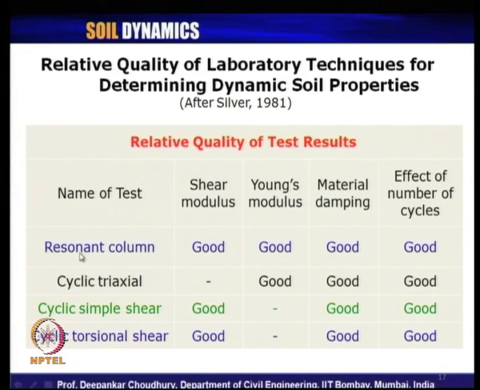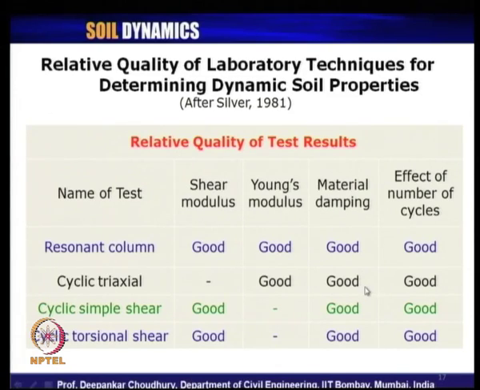So, it has been observed that for resonant column test, we get a good estimation of shear modulus and Young's modulus and also a good estimation of the material damping, and the effect of number of cycles is pretty well represented for resonant column. In cyclic triaxial test, the shear modulus is not measured directly; we measure it through the Young's modulus value.